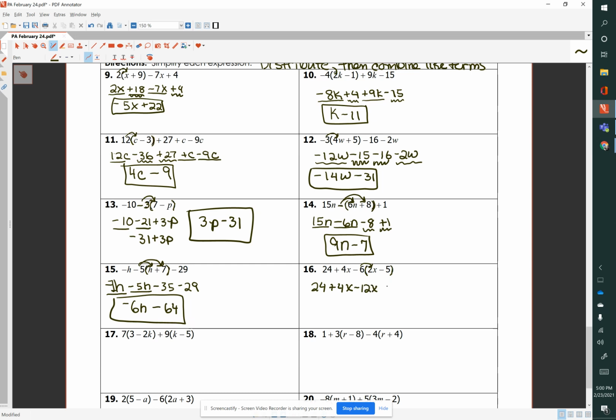Negative 6 times negative 5 would be positive 60. Now we can combine 4x minus 12x, and that would give us negative 8x. Now we can combine 24 plus 60 to get 84, so negative 8x plus 84.